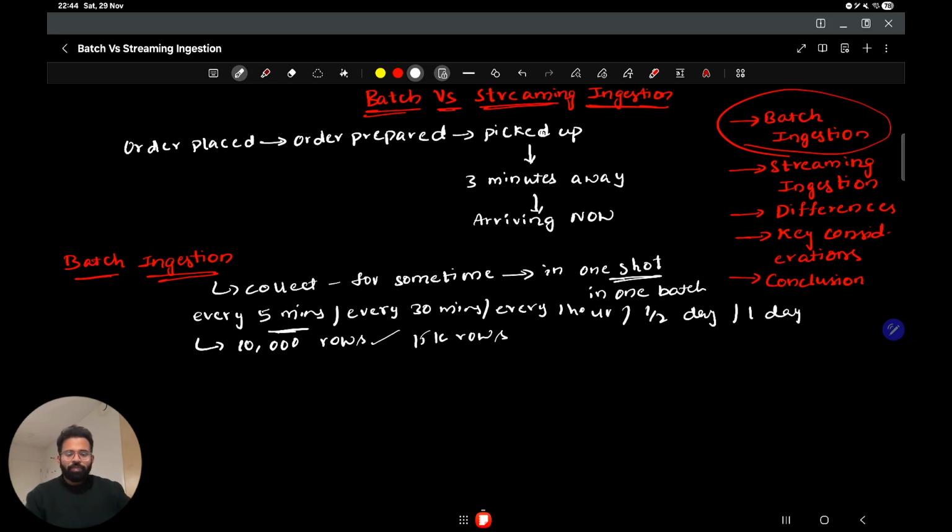Another example is business dashboards. These often update every 30 minutes, every 1 hour, or even once a day. In most cases, business people are not making decisions second by second.